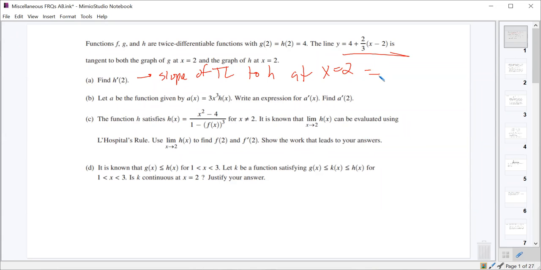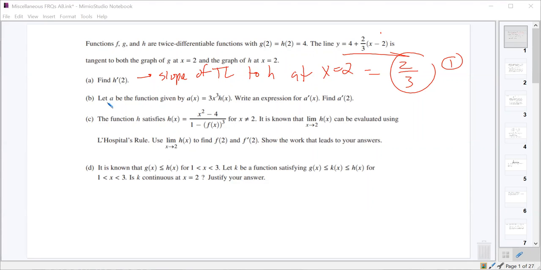Which is 2/3, right? It's just the slope of this tangent line, which they gave you 1 point for that. Everybody good with that? A should have been pretty easy.